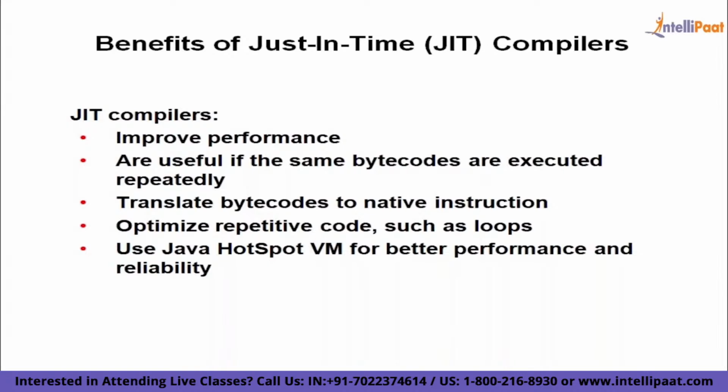Okay, optimize means only a one-time conversion from bytecode to binary for repetitive code will happen. And it also uses the internal HotSpot JVM, the Java HotSpot virtual machine, to implement better performance of the application. So that is something called inside JVM, which you need to read about.